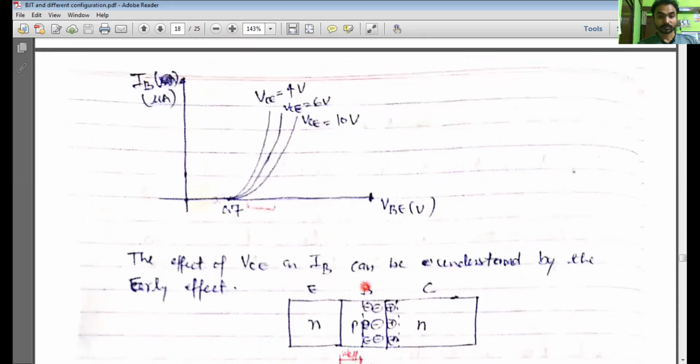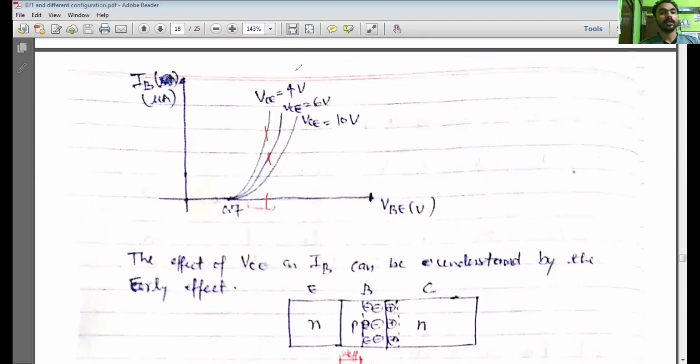Okay. Now you can see that if you are coming from the 4 volt to 6 volt, and if I use this one now, for the same voltage of VBE, this is the current IB here for the 6 volt, and this is the current IB here for the 4 volt.